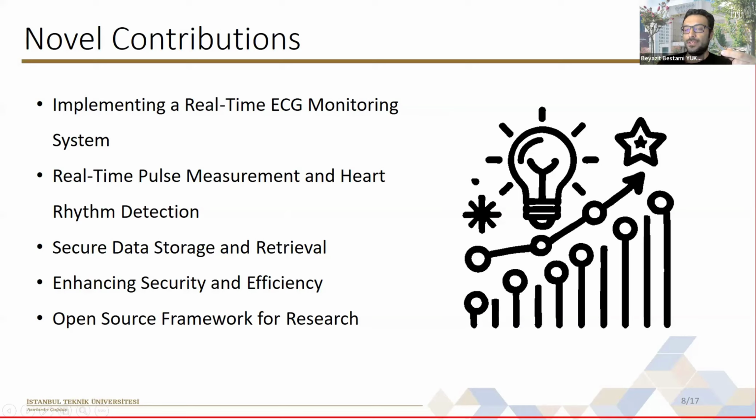And real-time detection is powered by a TensorFlow model trained on the MIT arrhythmia database and delivering accurate results instantly. Our system is open source, encouraging research and collaboration in real-time patient monitoring and privacy-preserving diagnostics. So we have combined advanced encryption, real-time analysis, and open source flexibility to redefine ECG monitoring.